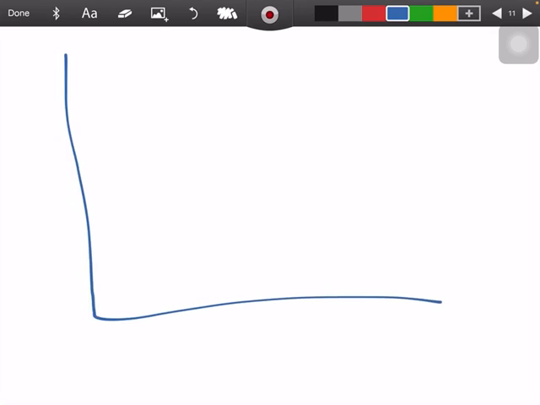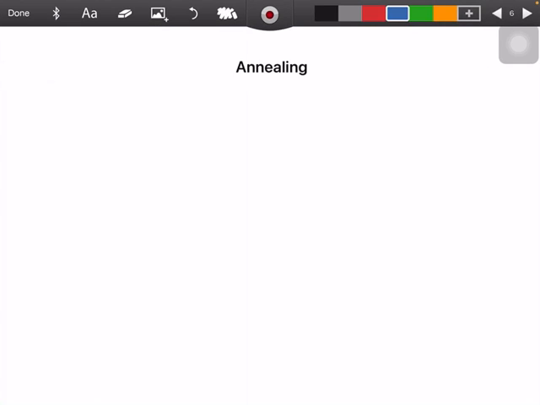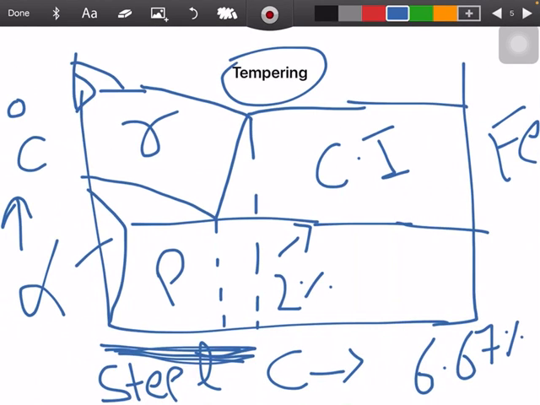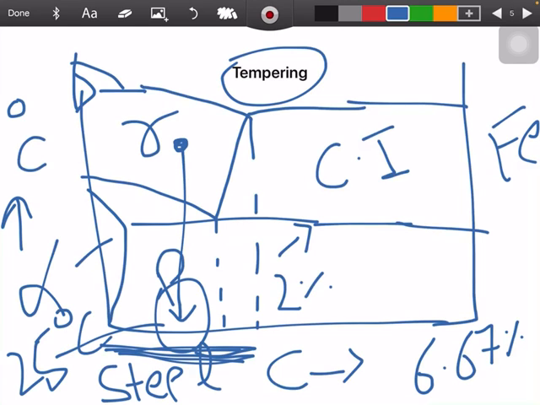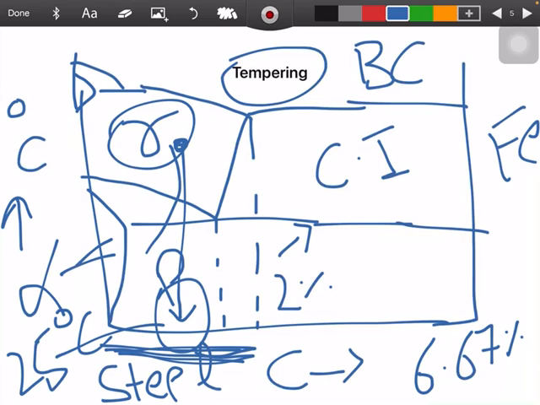So what we do in tempering, actually, first of all we quench the material. We heat the material up to there, and we suddenly cool it to room temperature. So when the material comes to room temperature, it does not revert to alpha phase or gamma phase. It suddenly converts into BCT structure, body centered tetragonal structure, which is a very hard structure. So in tempering, we again heat the material after quenching.